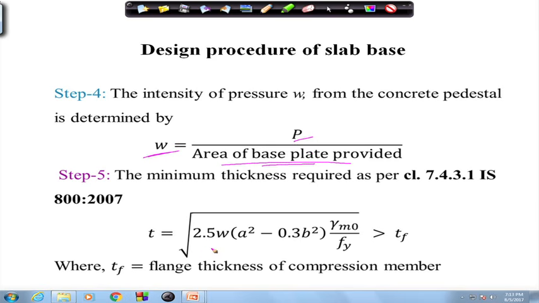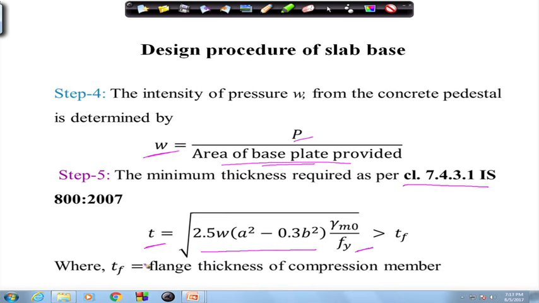Then the minimum thickness required can be found from clause 7.4.3.1 of IS 800:2007, where the minimum thickness is the square root of 2.5 W (A squared minus 0.3 B squared) gamma m0 by fy.